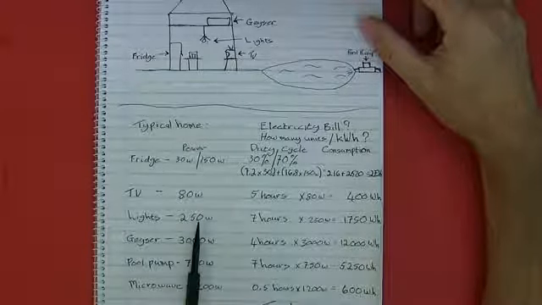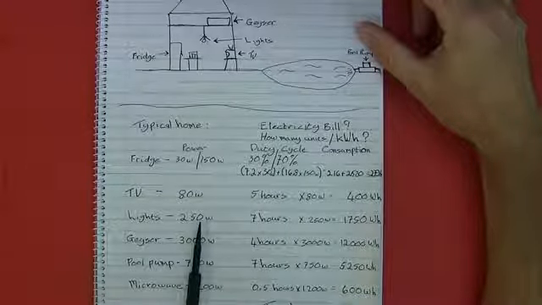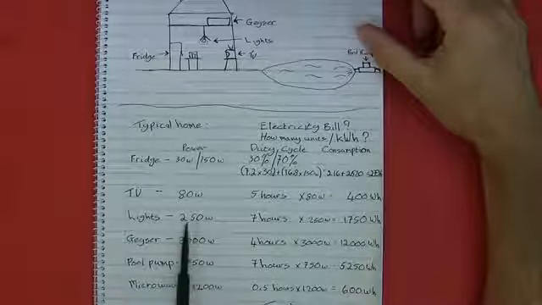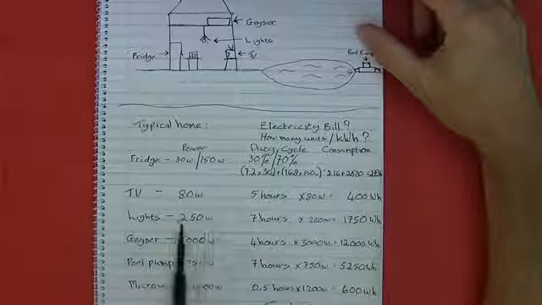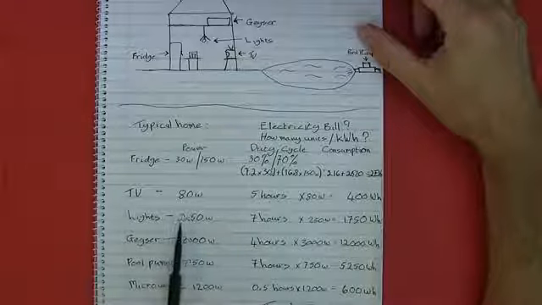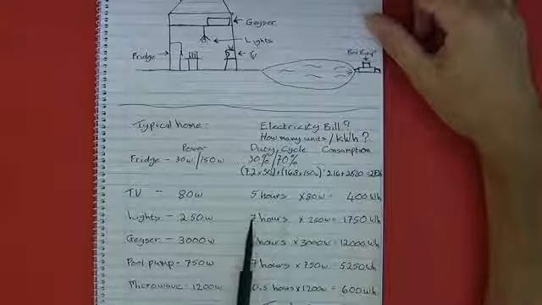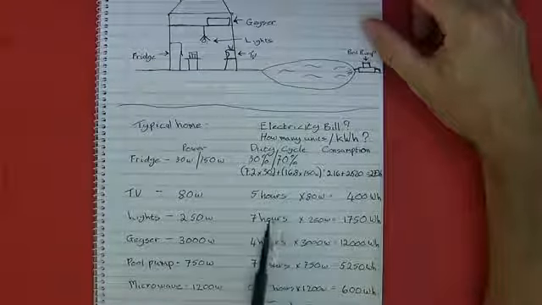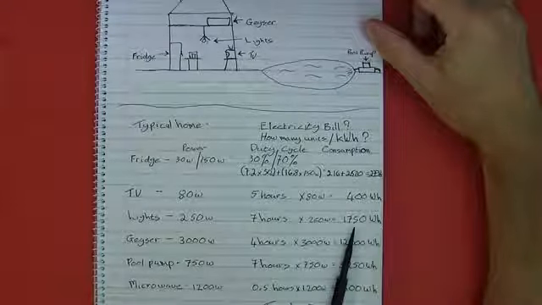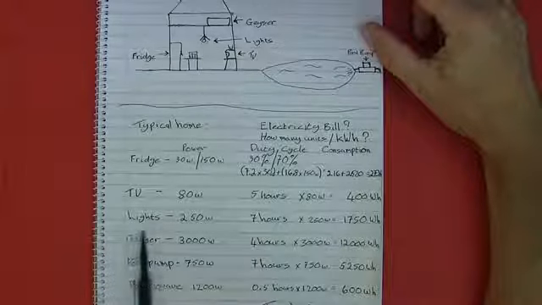Those bulbs generally are 50 watt halogen bulbs, so they can consume a lot of energy, and it's quite scary to see the number of these people can have in their passages or their lounges. In this example, I'm just going to say we've got a lounge with 5 of those 50 watt downlighters, so that equates to 250 watts. If those are switched on for approximately 7 hours a day, 7 hours times the 250 watts equates to 1,750 watt hours.